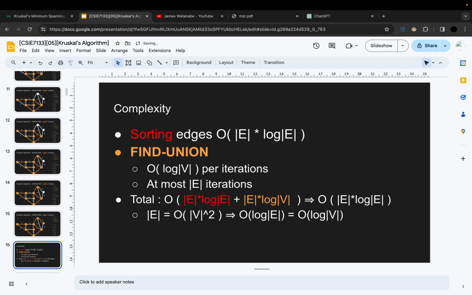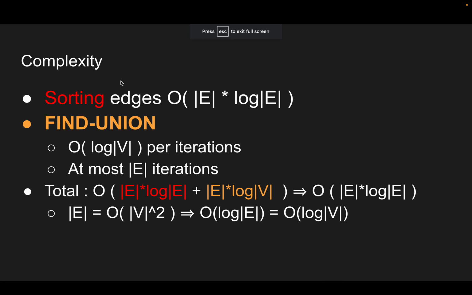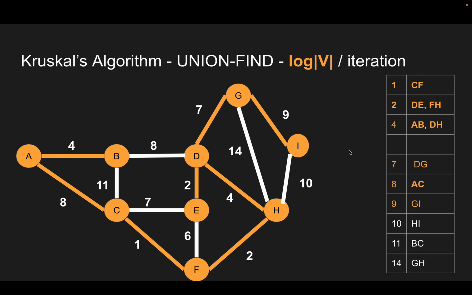So the whole algorithm runs in the following time complexity. Sorting the edges will cost E times log E, and for each iteration we use the union-find to determine whether the newly selected edge will form a cycle with the current spanning tree.